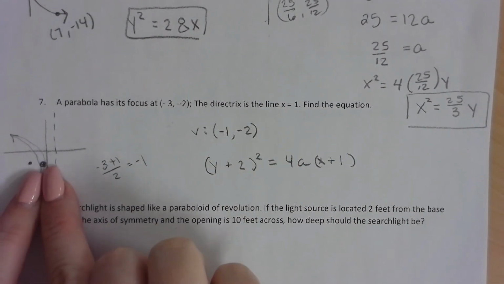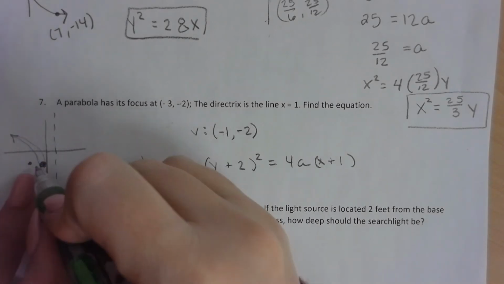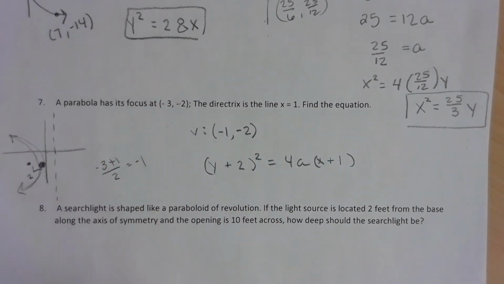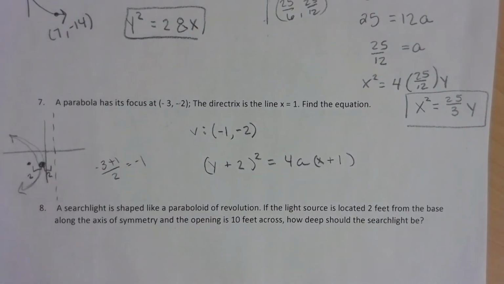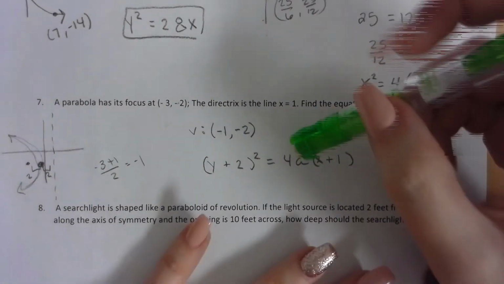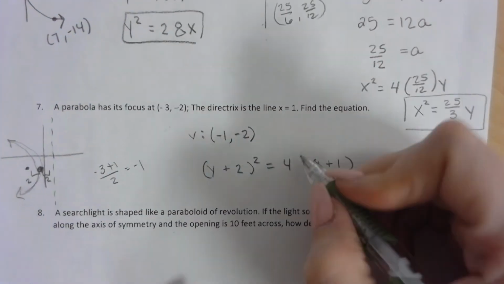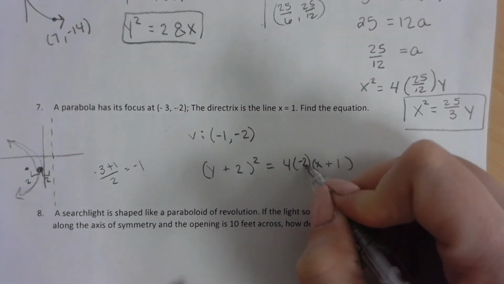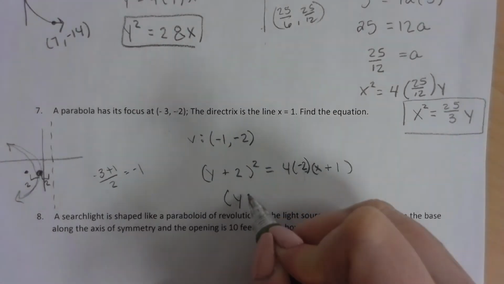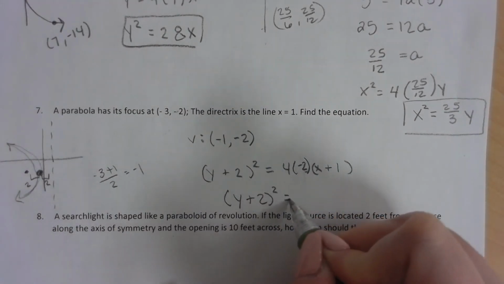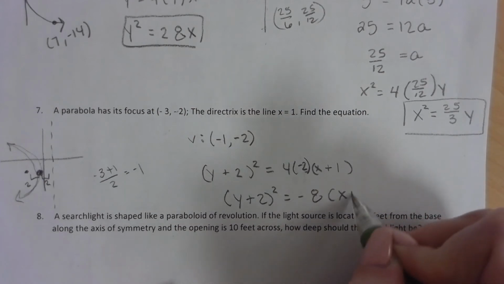Well, if this is at -1 and this is at -3, that makes this distance here 2, and this distance 2. So that makes our a value 2. But it's -2 because it's opening to the left. So our final answer here is y plus 2 squared equals -8 times x plus 1.